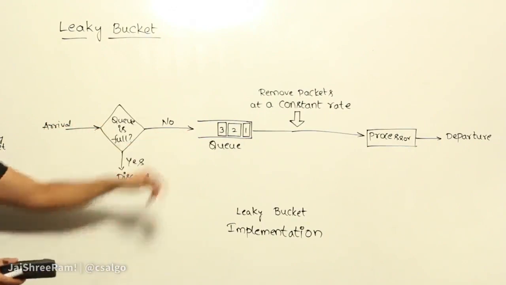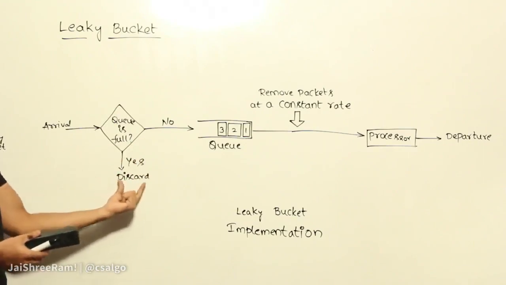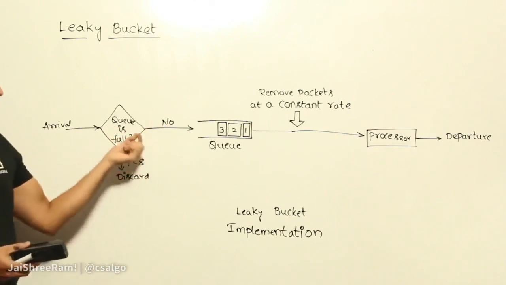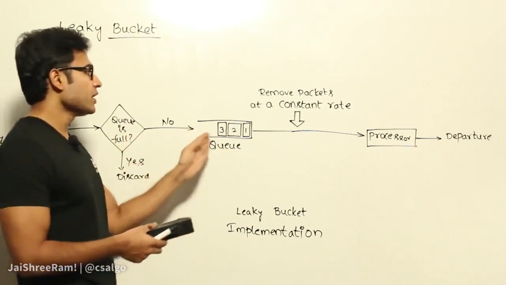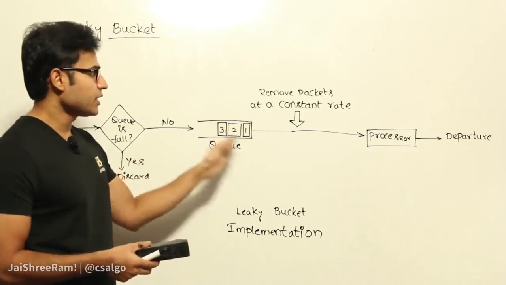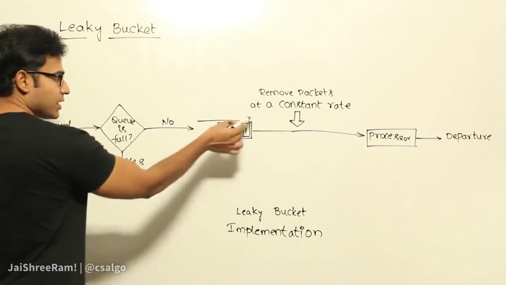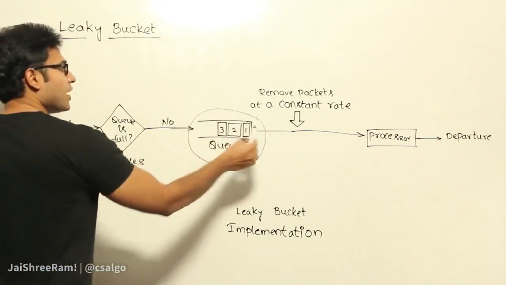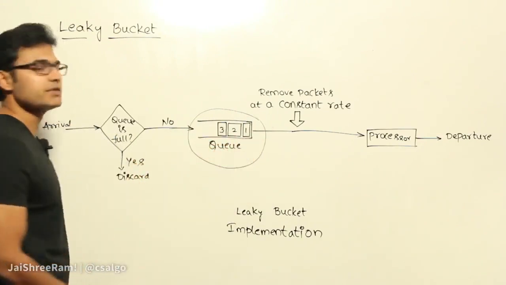In case the queue is full, we will not be able to take any more data, so we are going to discard the packet. In case the queue is not full, we take that arrived packet and put it in the queue. Got it? And now from the queue we take out the packets at a constant rate and keep sending them out. You can assume that this entire queue is like a bucket, and this is the inflow and this is the outflow. Whatever is the inflow, the outflow is always going to be constant.